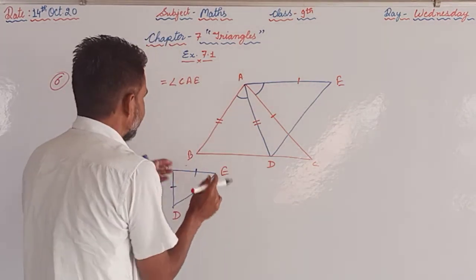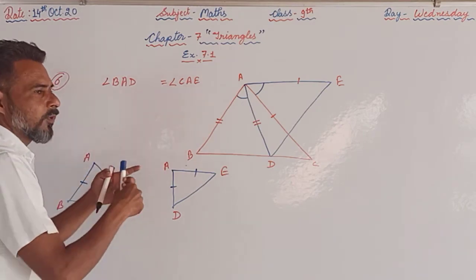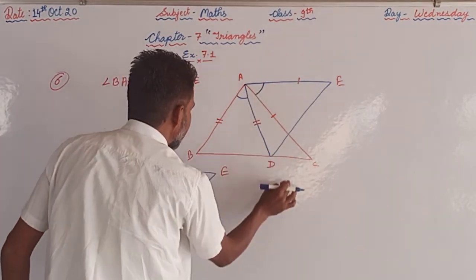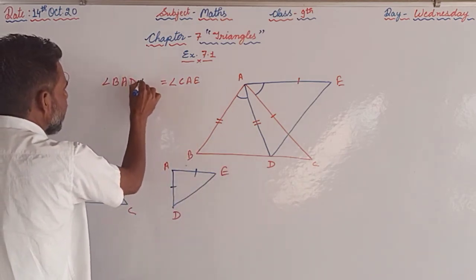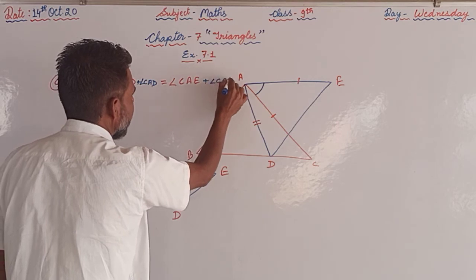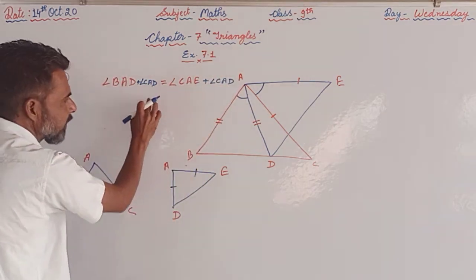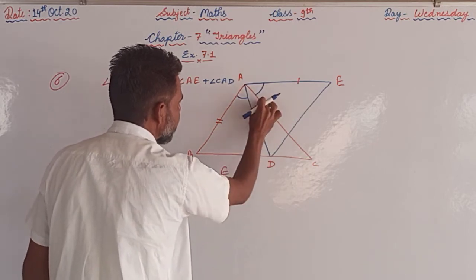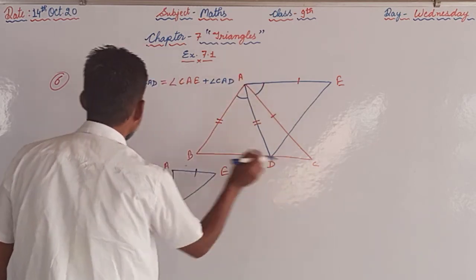So these two angles are equal, so we can add the same thing to them. So we can add angle CAD, BAD plus CAD, means this angle plus this angle will become BAC.